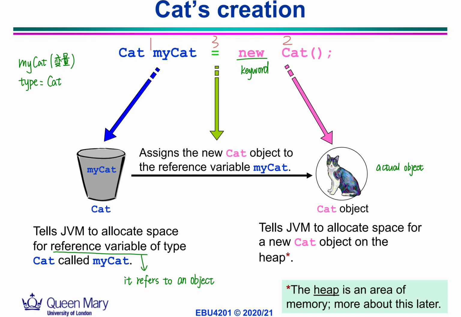What does instance variable mean? It's a higher abstract description and tells the JVM to allocate space for a new Cat.